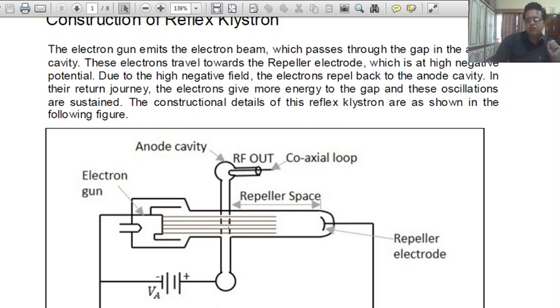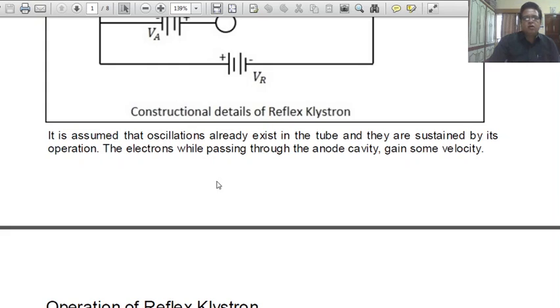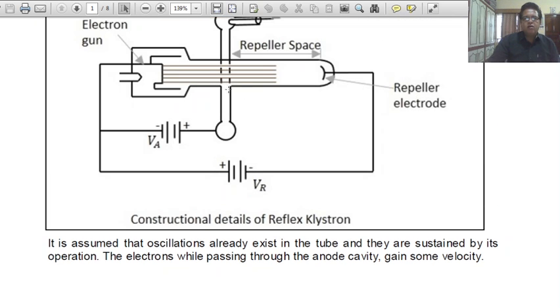That means a single cavity acts as two cavities. It is assumed that oscillations already exist in the tube and they are sustained by its operation. The electrons, while passing through the anode cavity, gain some velocity.